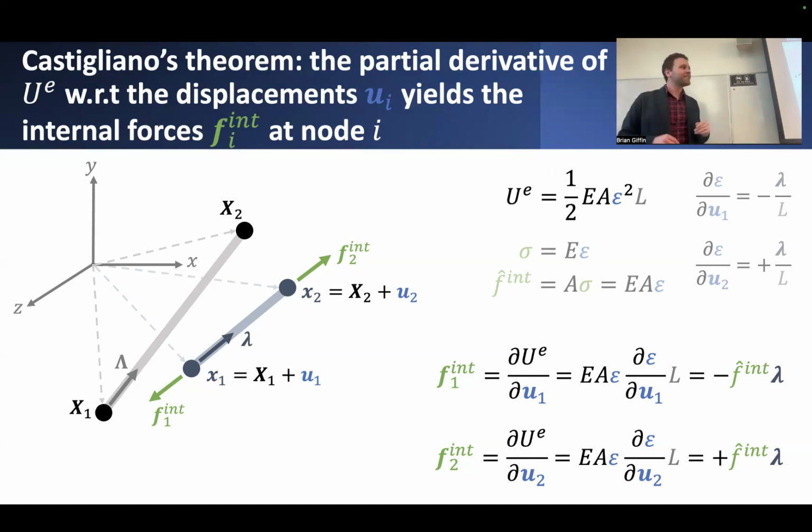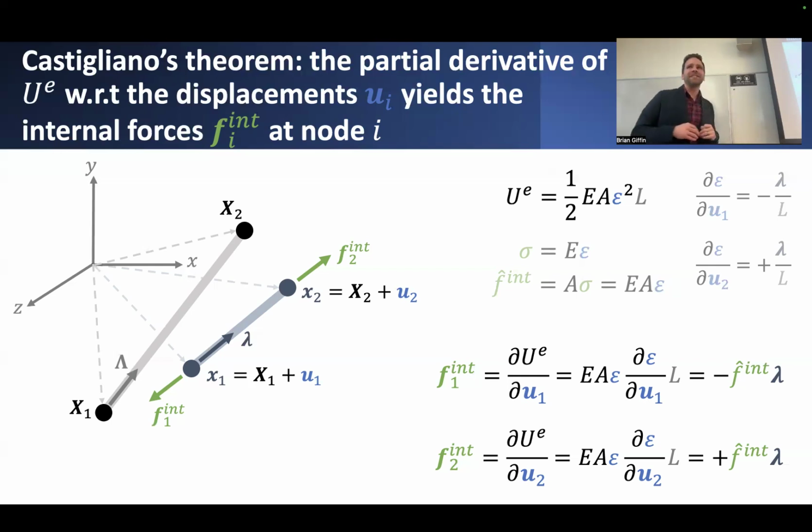It's plus or minus some vector, which is in fact the orientation vector of this member in its deformed configuration divided by the original length of this member. Plugging this in, the final expressions that I get, composing everything together, looks something like this.